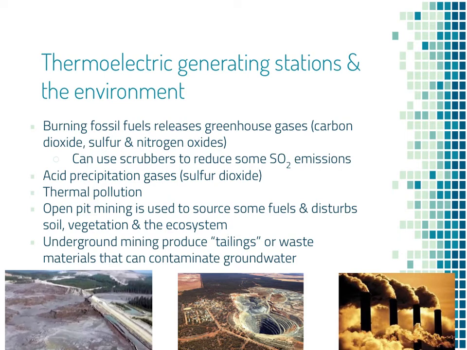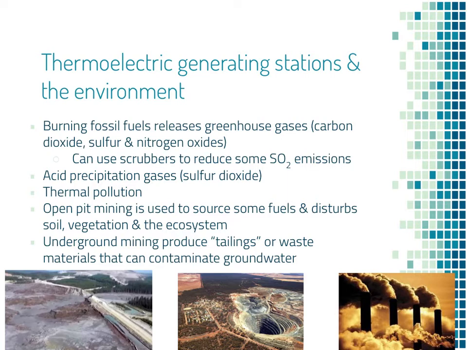Thermo-electric generating stations and the environment. Burning fossil fuels obviously releases greenhouse gases, mostly carbon dioxide, sulfur, and nitrogen dioxides. We can use scrubbers to reduce some of the SO2 and NO2 emissions, but we cannot really reduce the carbon dioxide piece.